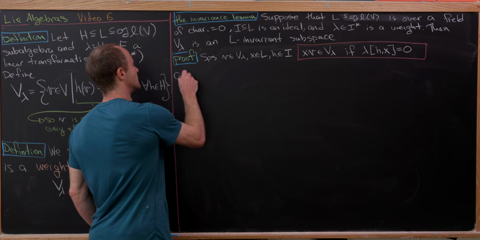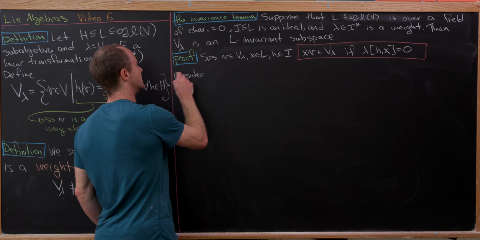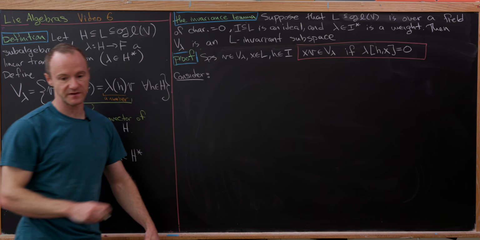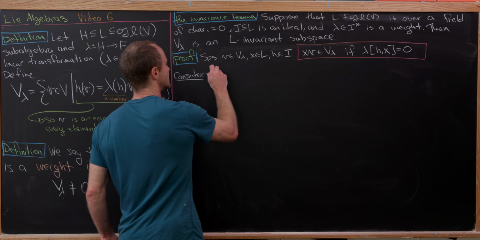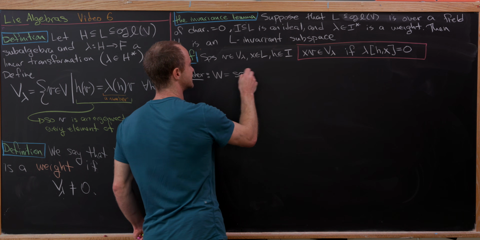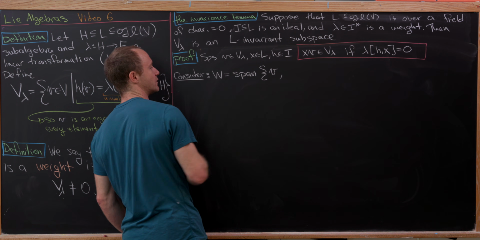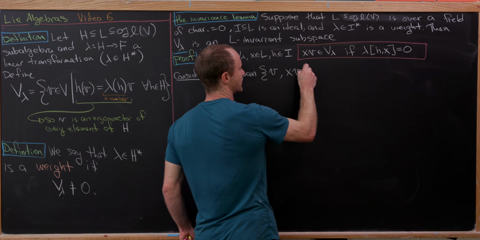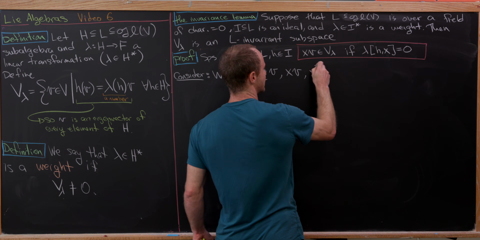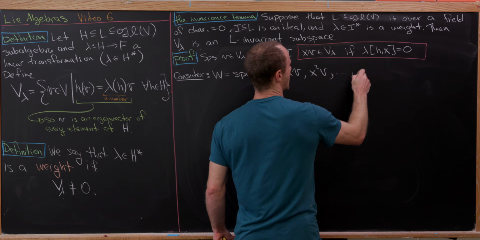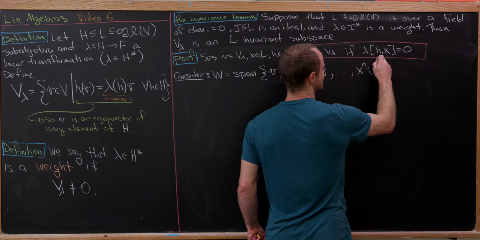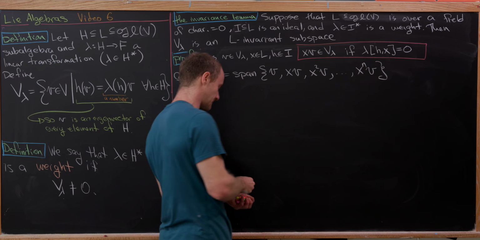And we'll do it by looking at a certain subspace of V, and we'll call this W. So let's say W is the span of our vector V that we started with, and then the vector x times V, the vector x squared times V, all the way up to the vector x to the n times V.